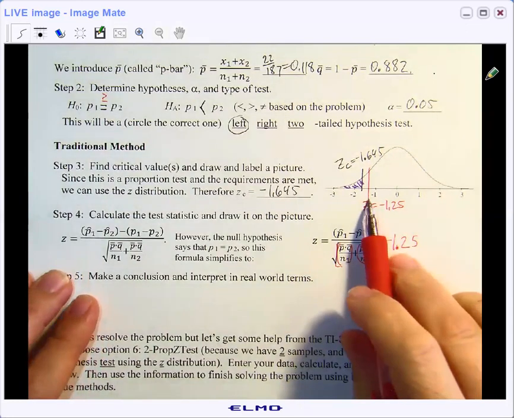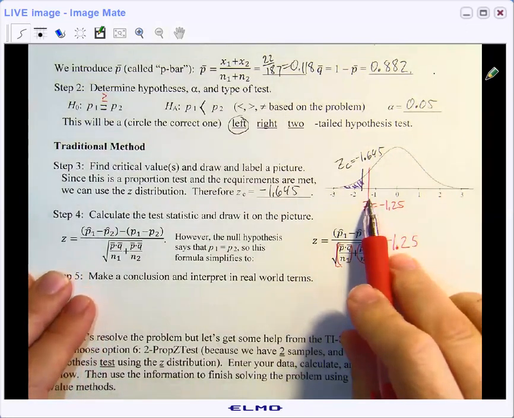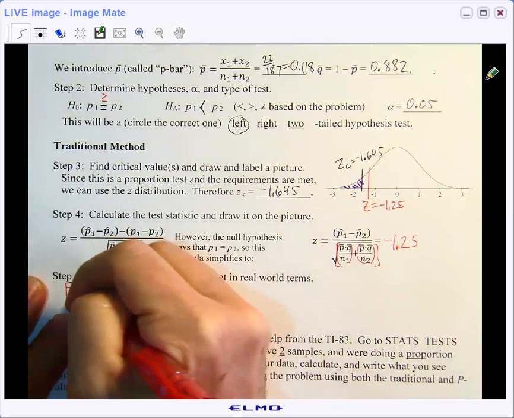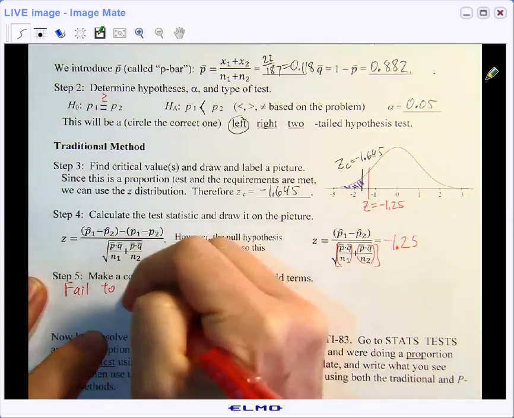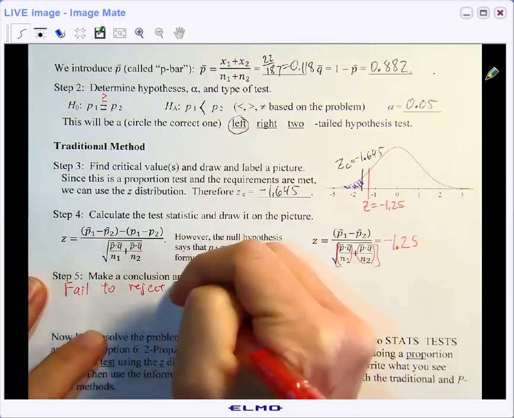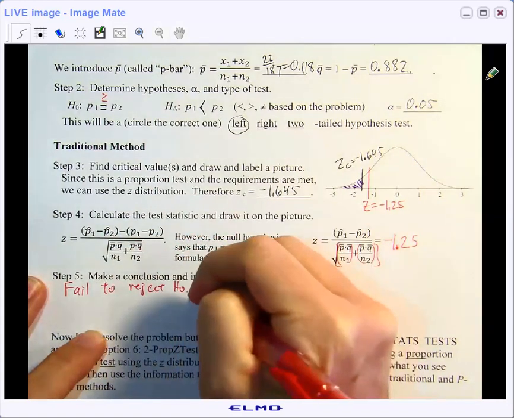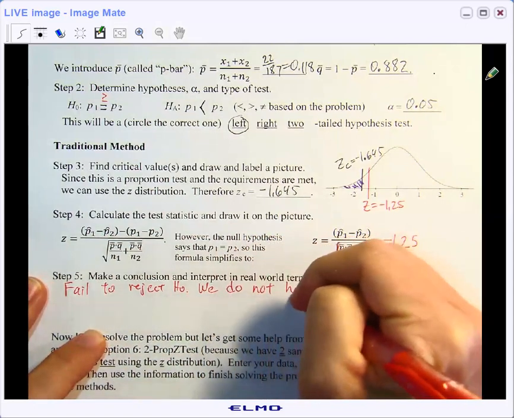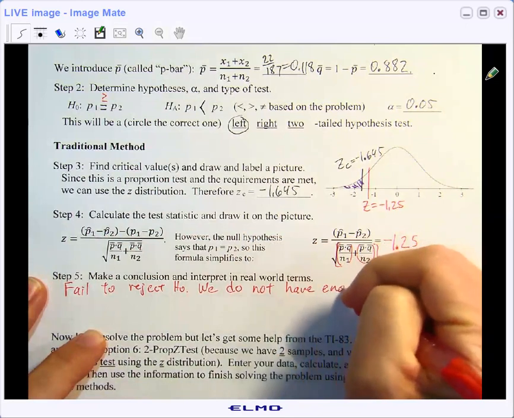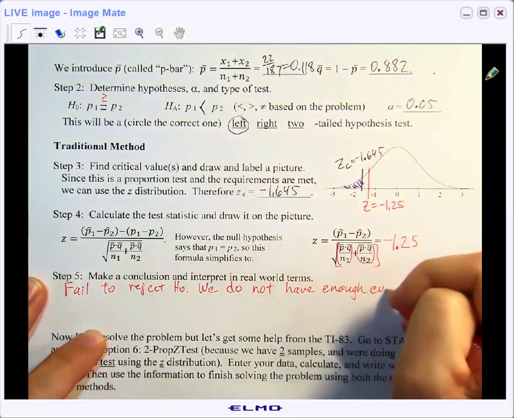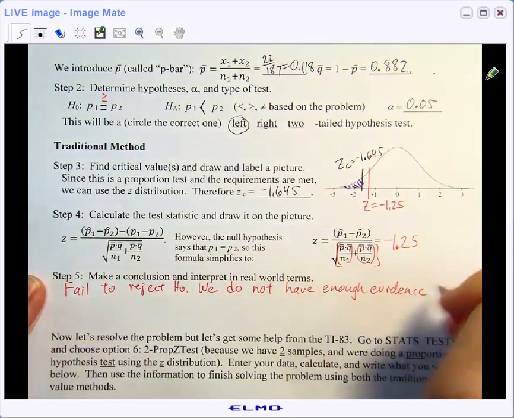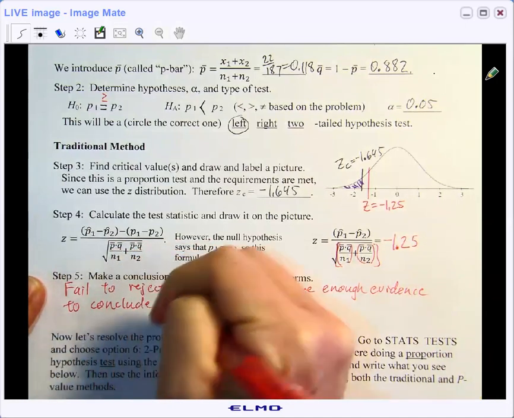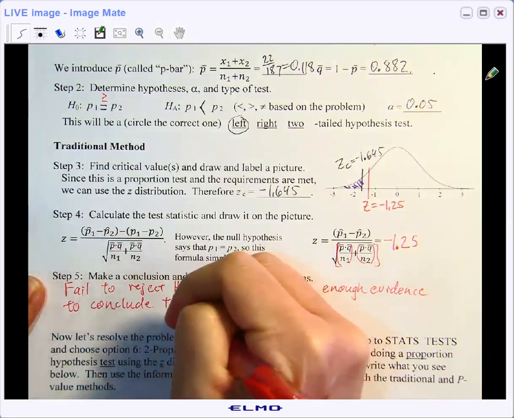But you'll notice that our test statistic landed outside of the critical region, so we will fail to reject H naught, meaning we do not have enough evidence to conclude that the drug is effective at preventing heart attacks.